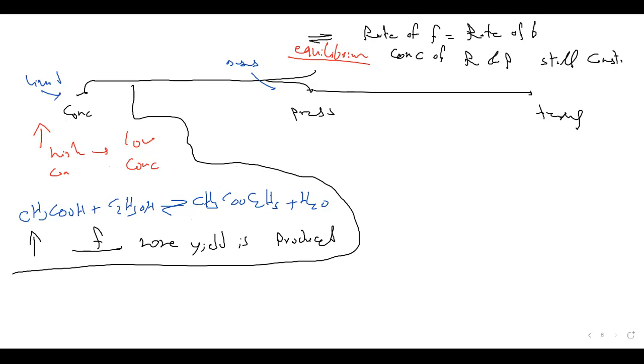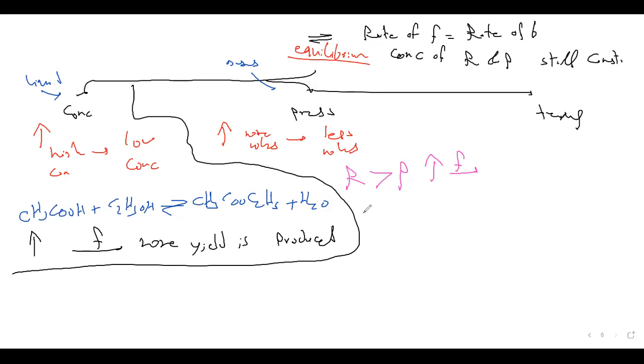In case of pressure, it depends on the number of moles. By increasing pressure, the reaction moves from more moles to fewer moles. So we have three cases. If the number of moles of reactants is greater than products, by increasing pressure the reaction moves forward and more yield is produced.